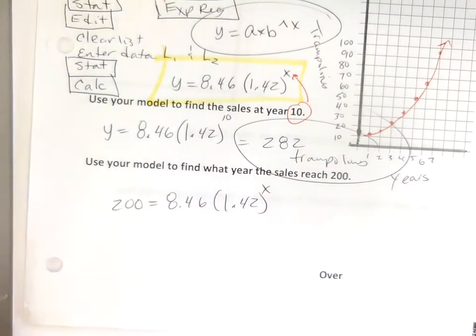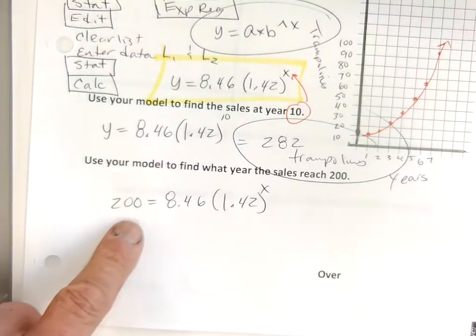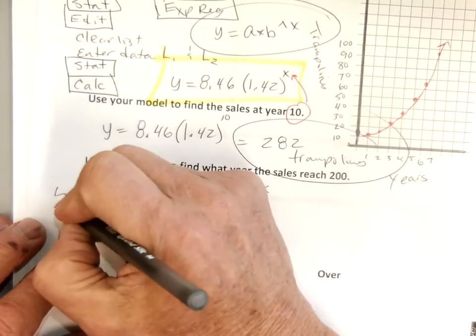Okay, so we want to know how many years it'll take to get 200. I think it's approximately 7.25. We could guess, but we could also solve it. So if we had to solve this, let's solve for x.